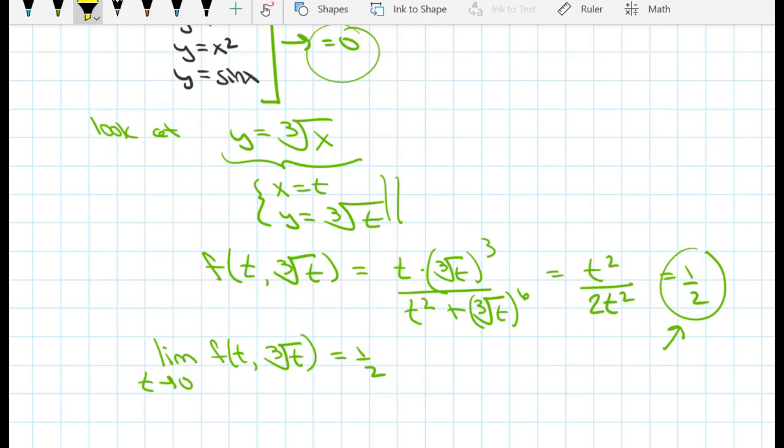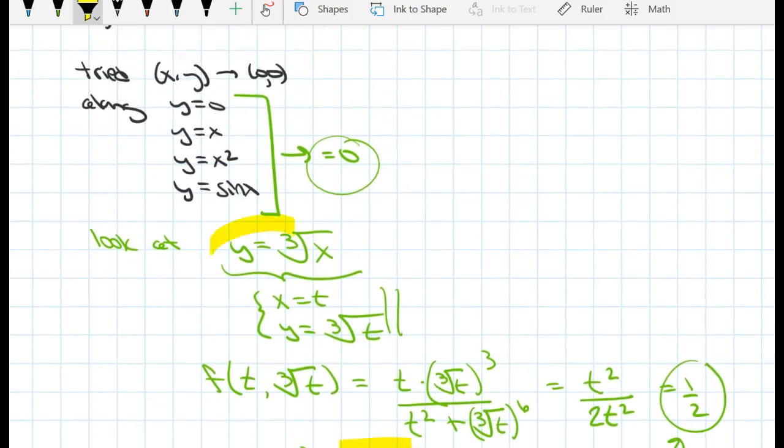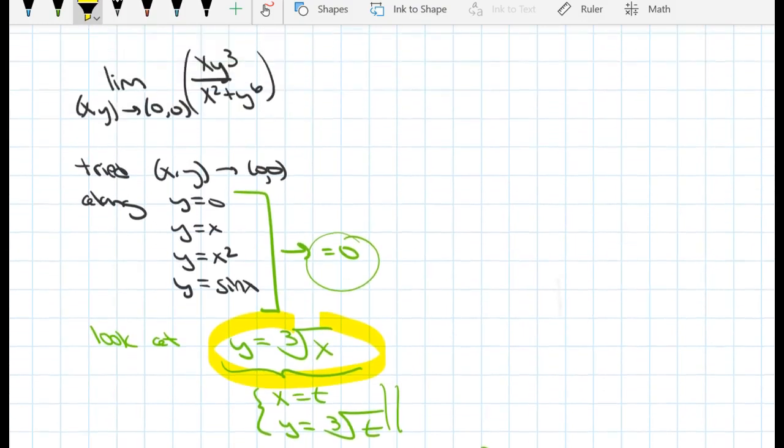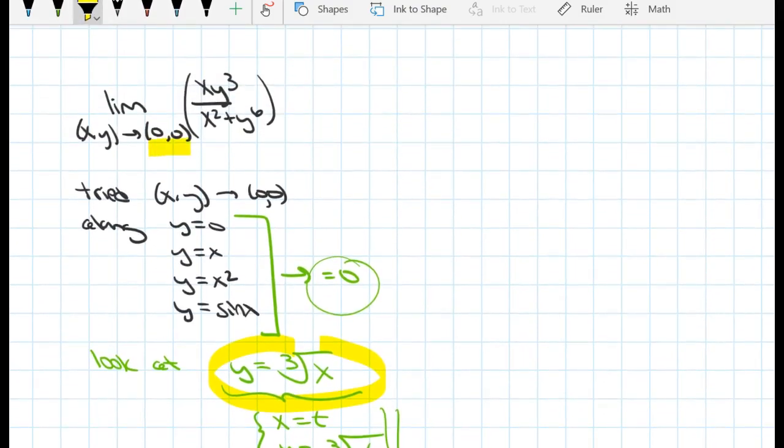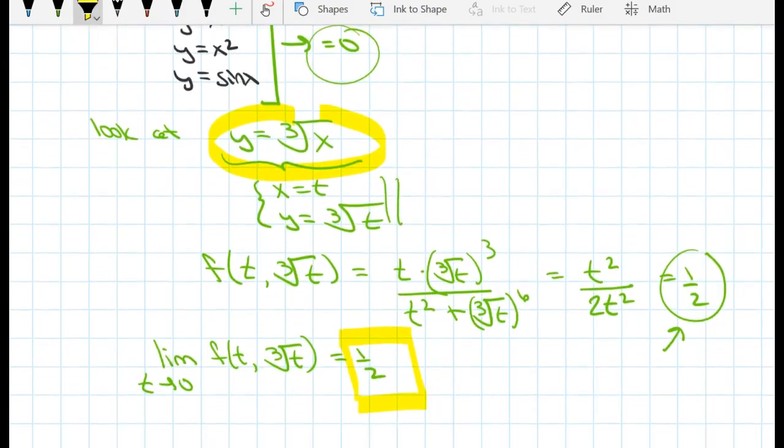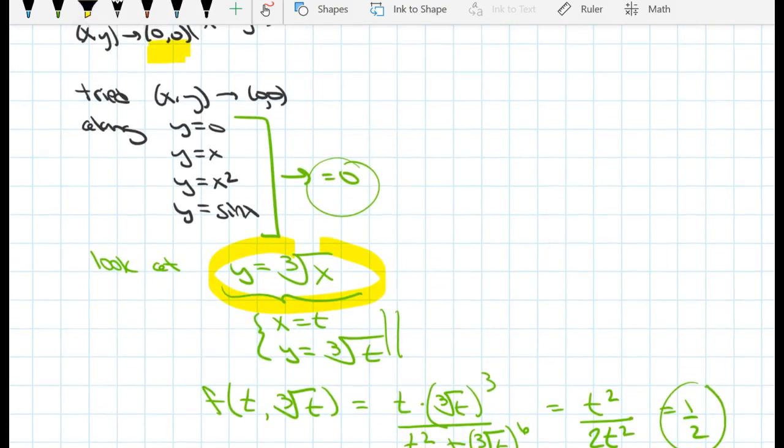Now we raise our hands, because I have found a path that passes through 0, 0 such that the z value being approached contradicts a prior z value, okay?